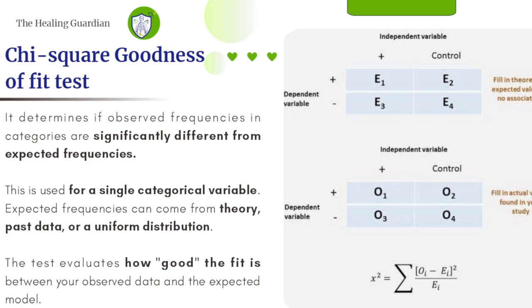Now you want to apply a chi-square to show that the results you've got are different from those, to see if there is association or not, or to see if there is statistical difference. Of course, if there is statistical difference and you get a p-value less than the significance level, then we say that there is difference. But if the p-value is greater than the significance level, then we fail to reject the null hypothesis.